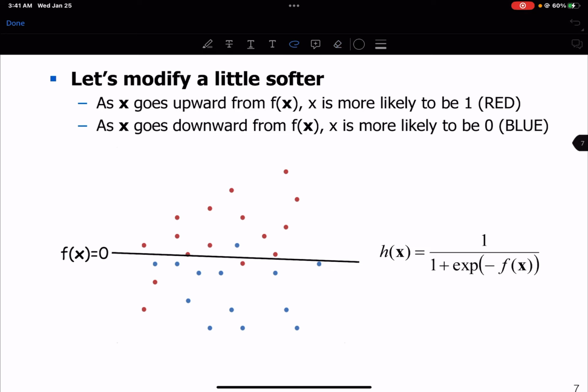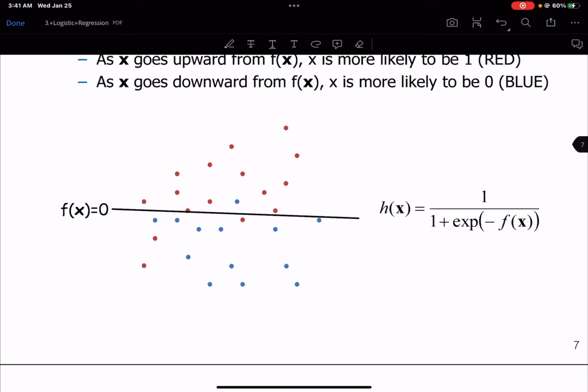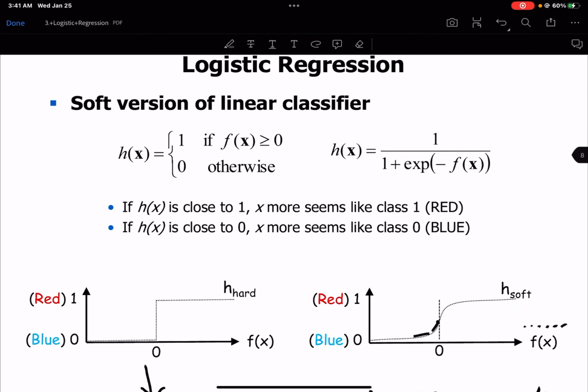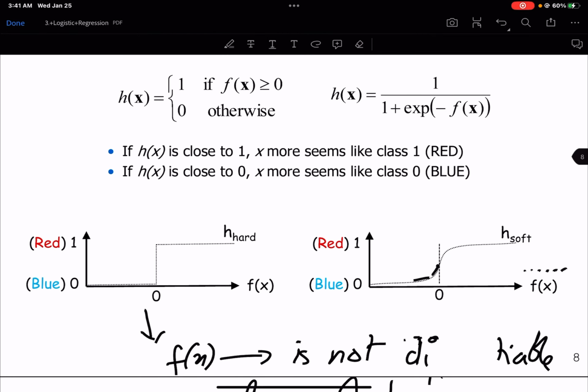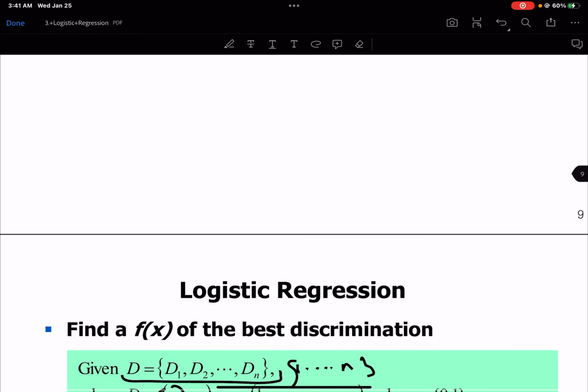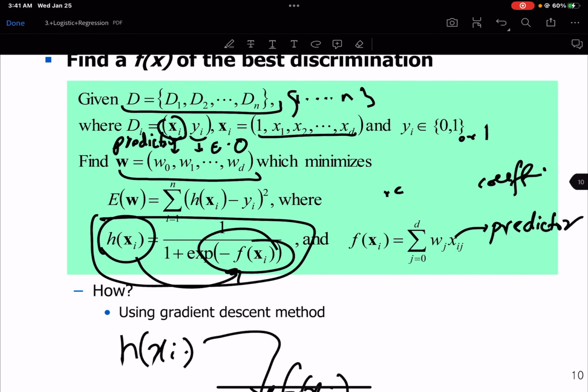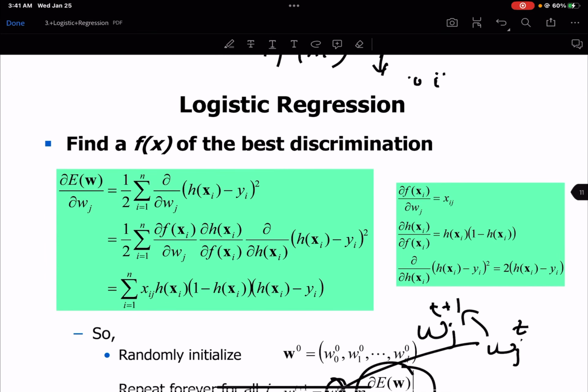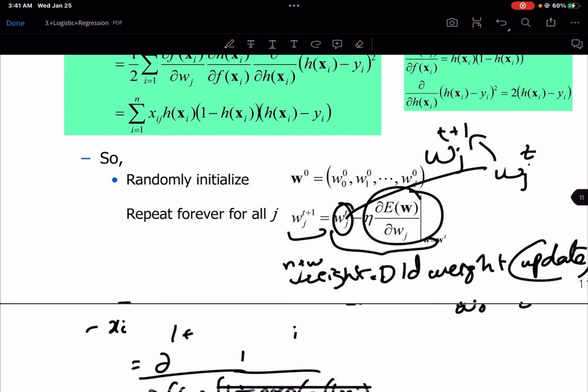Next we moved towards the probabilistic way of defining the boundary. Instead of the hard boundary, we define a soft classifier, and we derived the equation for our soft classifier in this form.